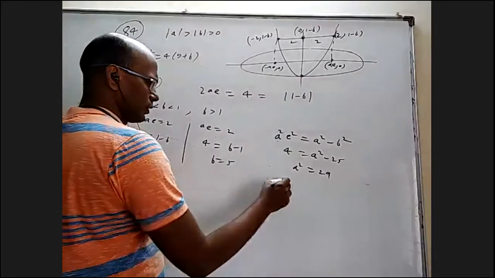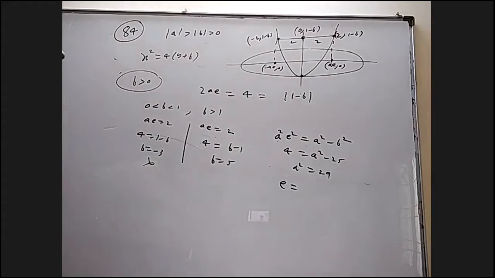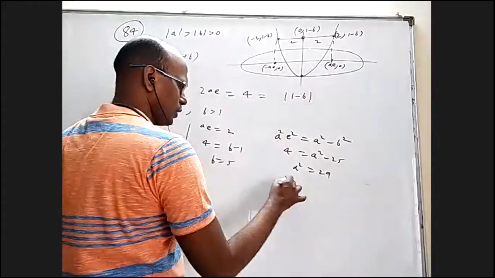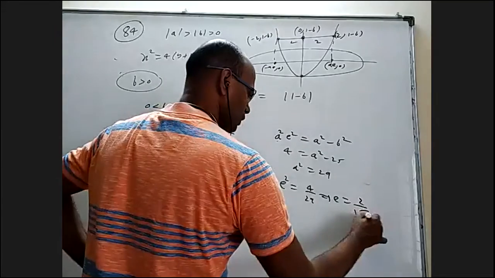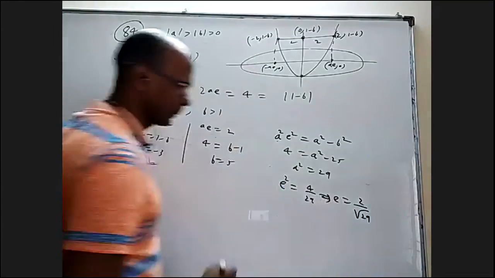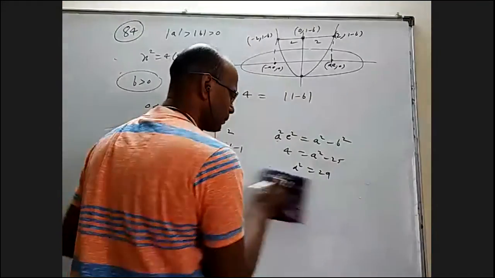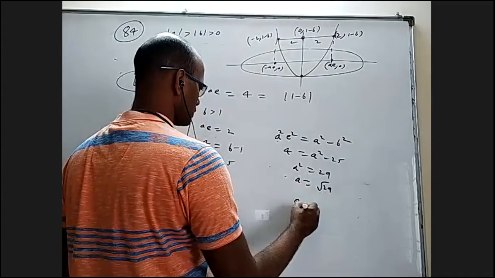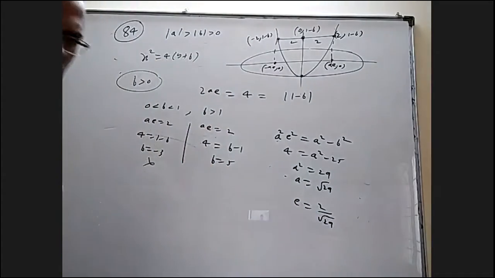When I divide, e squared will come 4 by 29. e is equal to 2 by root 29. Or let us square and divide directly. a equal to root 29 and e is equal to 2 by root 29. I think nothing is wrong. This option, everything is fine.